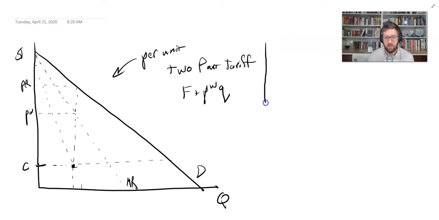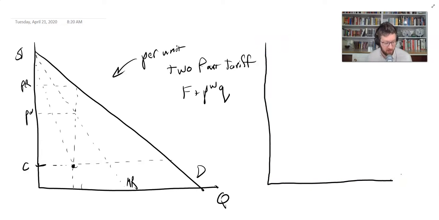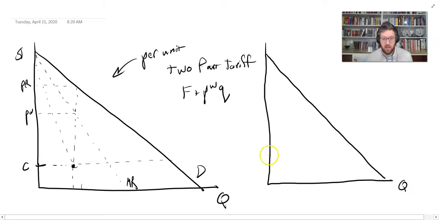It's a little different when you're selling to a firm, because for the firm it's not consumer surplus that really matters, but it's the same basic idea. You set price equal to marginal cost, you figure out how much the purchaser benefits, and then you use your fixed price F to seize those benefits.